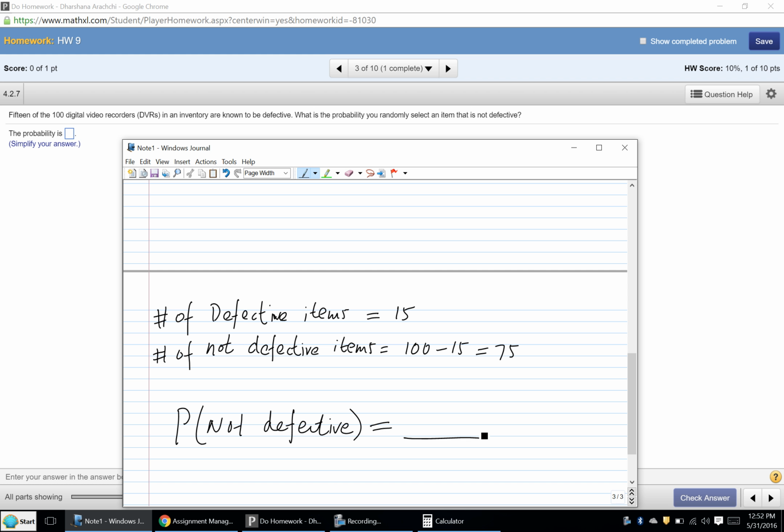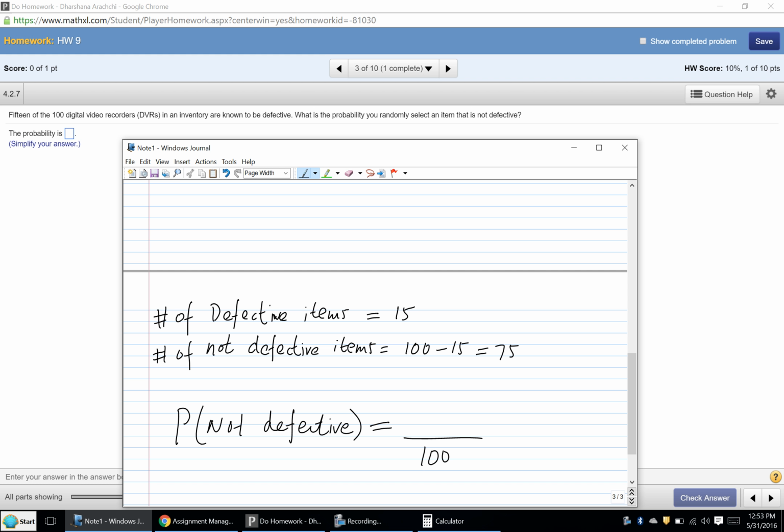You have to pick a video recorder from 100 video recorders. So any of those 100 video recorders are possibilities, selecting any of those 100 recorders. So the sample space contains 100 outcomes, because any of those 100 DVRs can be selected.